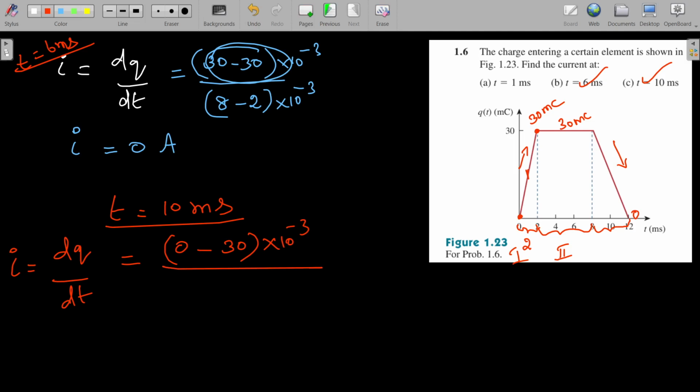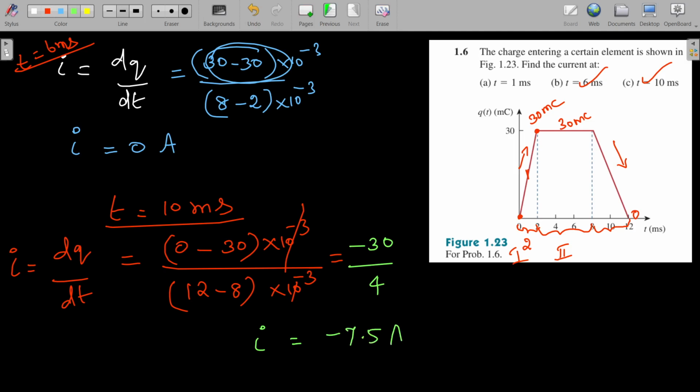Because 10 milliseconds lies in this period, it is 12 minus 8, into 10 power minus 3 seconds. So that is equal to minus 30 divided by 4. So I is equal to minus 7.5 amps. This is the answer for the third case.